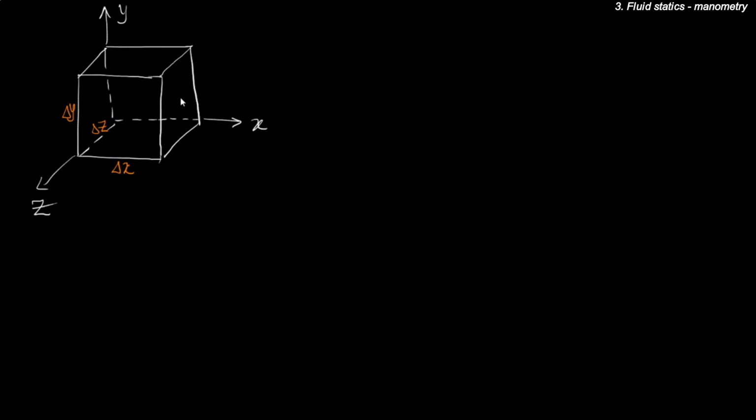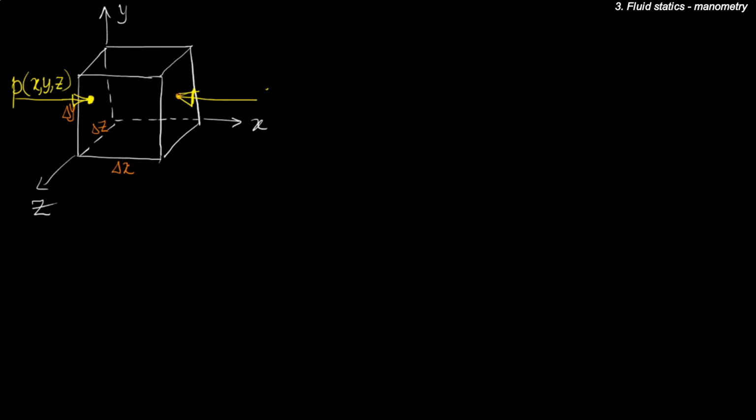On this object, we will consider pressure acting on this face and pressure acting on this face. The pressure acting on this particular face, if we call it P at x, y, and z, meaning it is the pressure at this particular location.